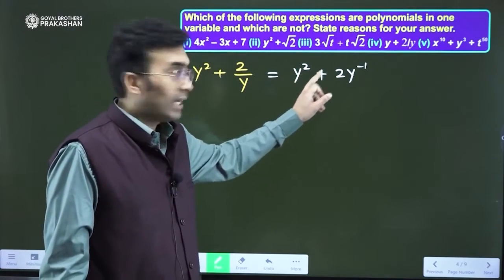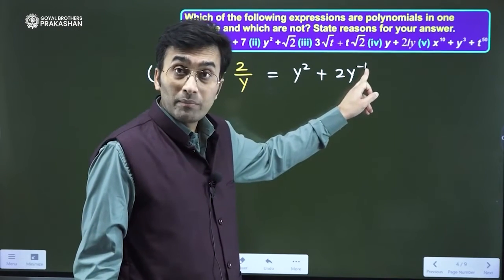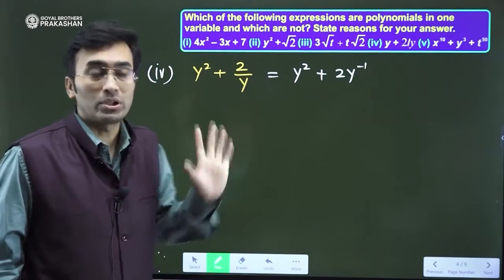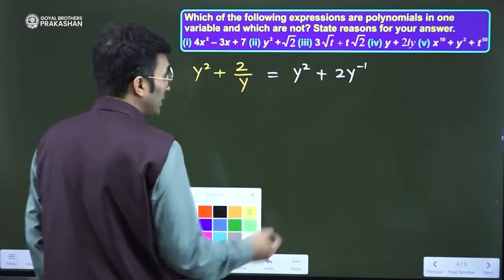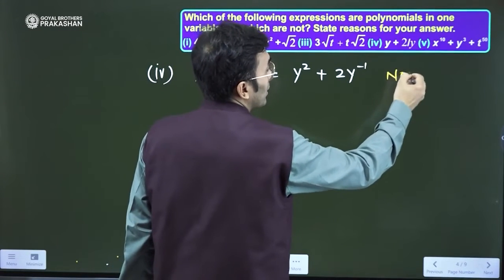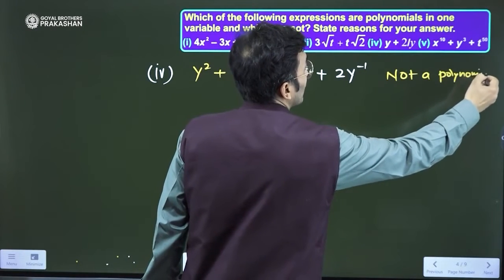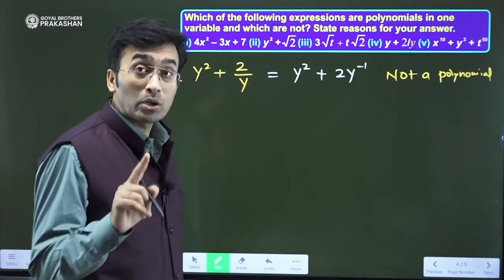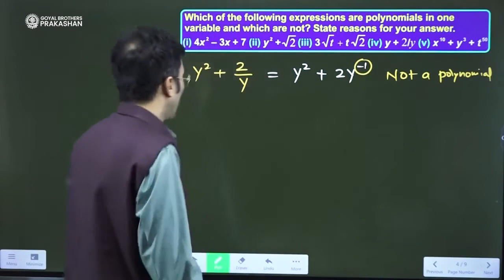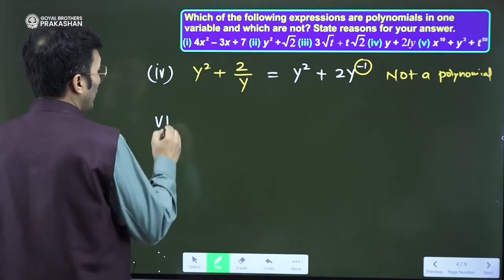Minus 1 is not a whole number, so that makes it not a polynomial. Why is it not a polynomial? Because the power is minus 1.